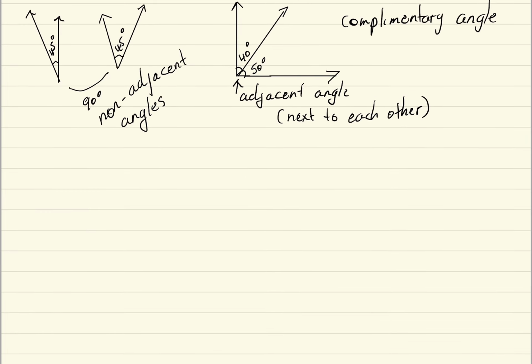So we're going to talk about supplementary angles. These are angles that sum to 180 degrees. So let's, for instance, let's draw one here. So let's say we had something like a straight line.